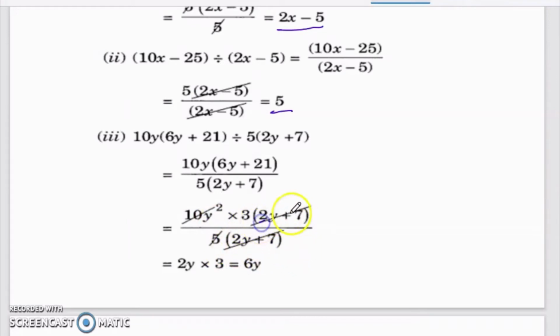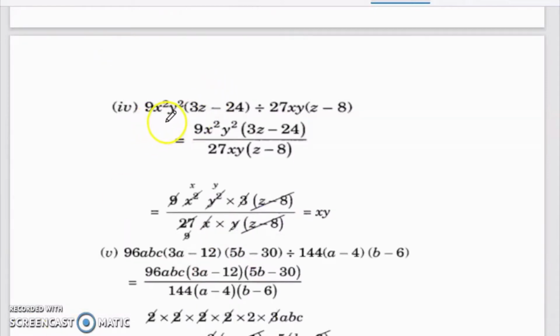So here (2y + 7) I can cancel out. Then 5 and 10 I can cancel out and this will be 2. This 2 comes after cancelling out with 5. So it will be 2y into 3, that is 6y.